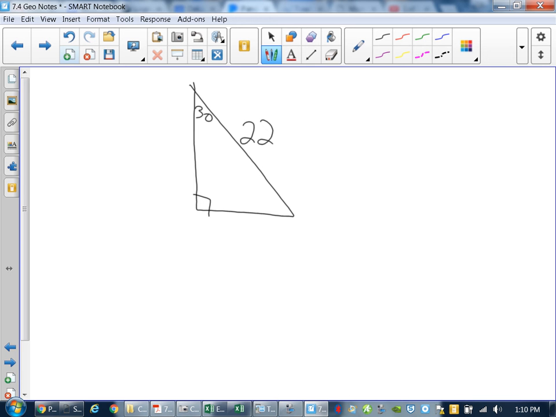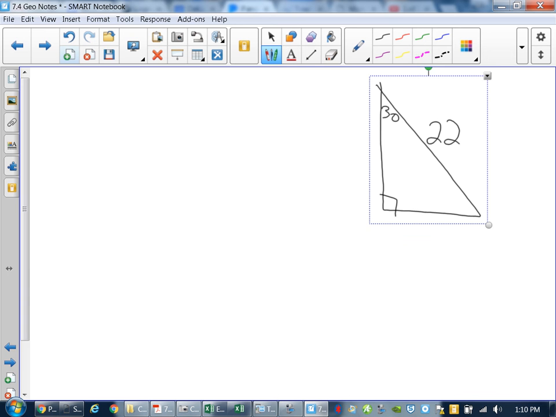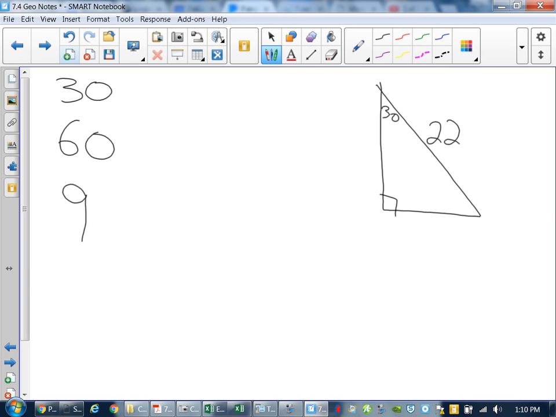So we have a right triangle. We have a 30-degree angle and a 90-degree angle, which means it has to be a 30, 60, 90. And I know across from the 90 is 22. So all we do is this. We start at the beginning. Across from which angle do you know?